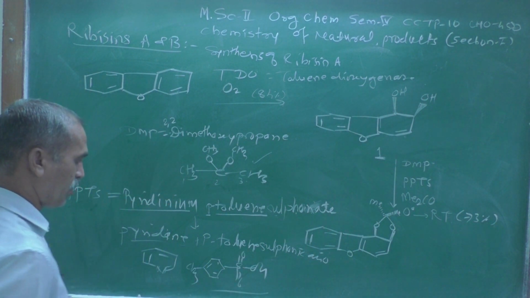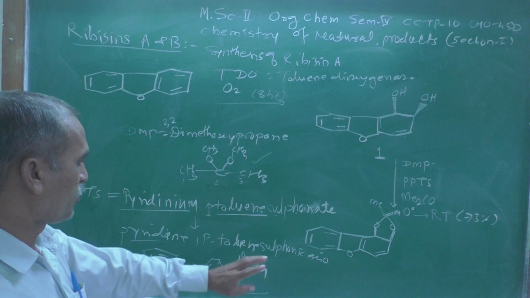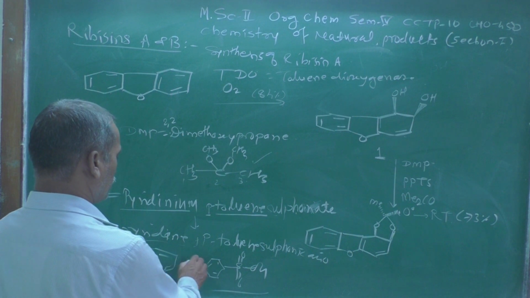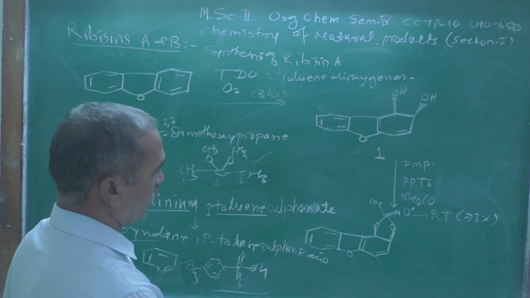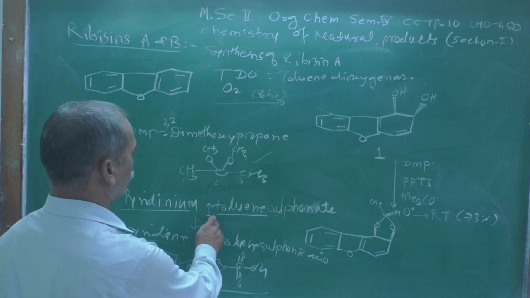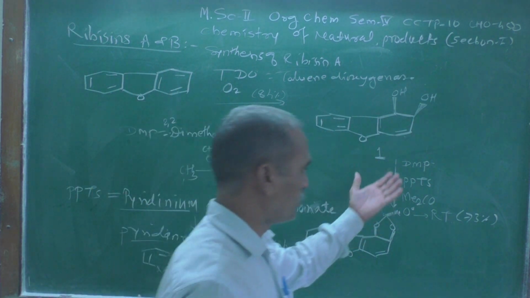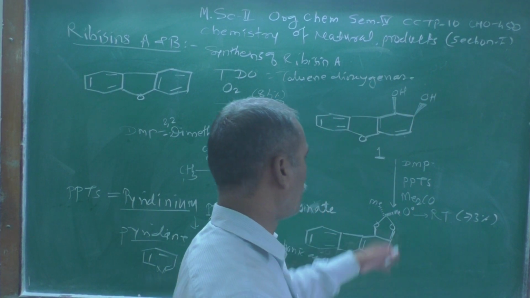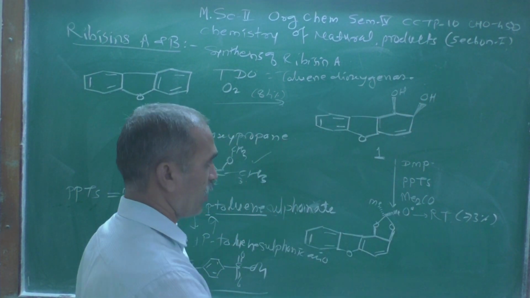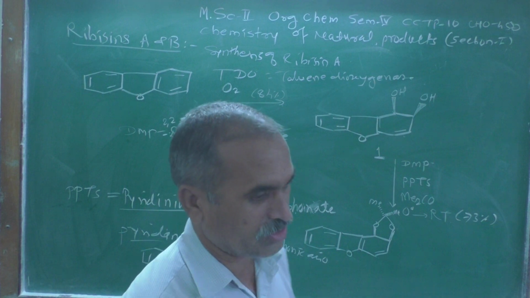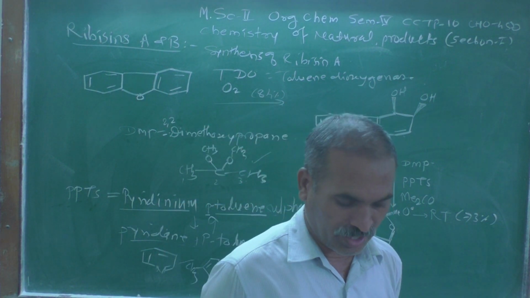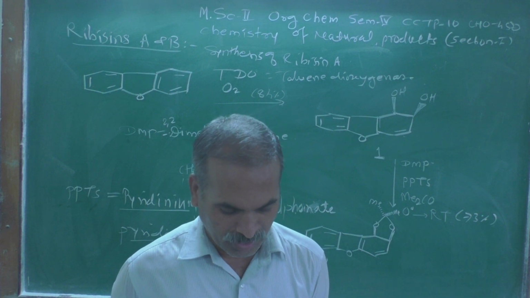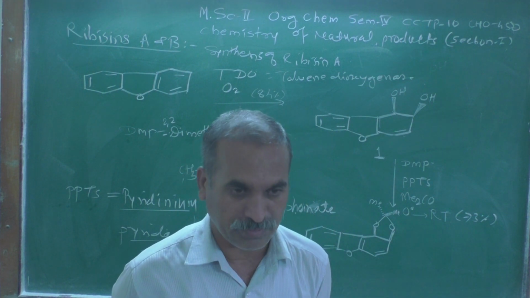This is the structure of paratoluene sulfonic acid. By mixing these two chemicals together, the salt is formed, and this will selectively protect the 1,2-diols with acetone. The reaction is stirred at 0 degrees to room temperature, and the product is obtained.